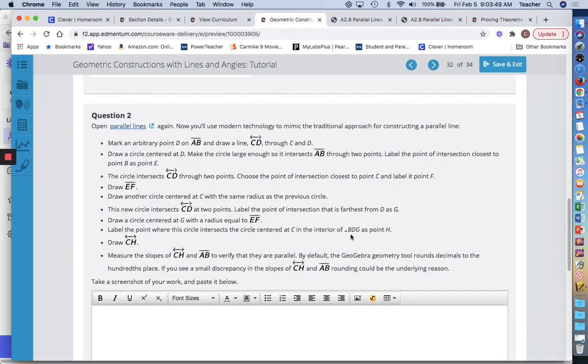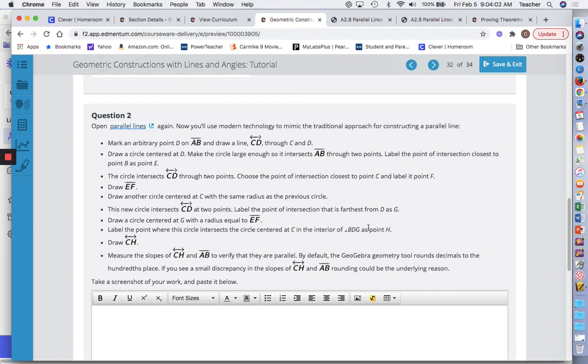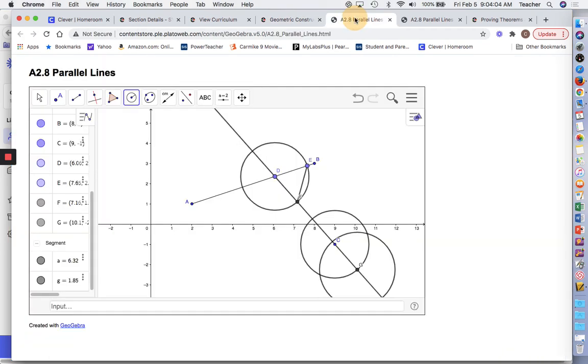In the interior of angle BDG. So in the interior would be over here. So that would be this one. As point H. All right, so this is going to be my point H. This is complex, y'all. There's my point H.